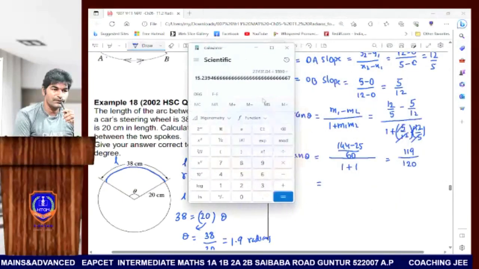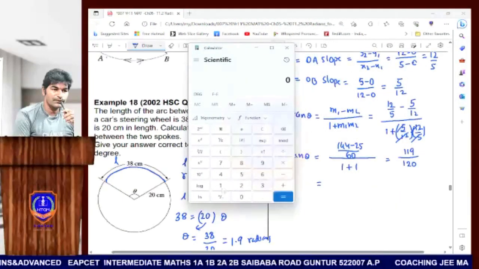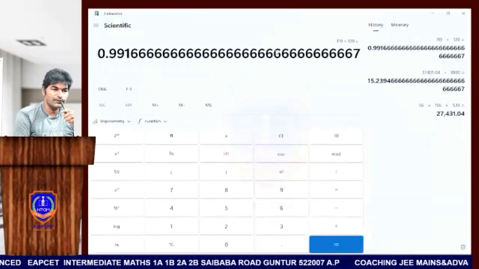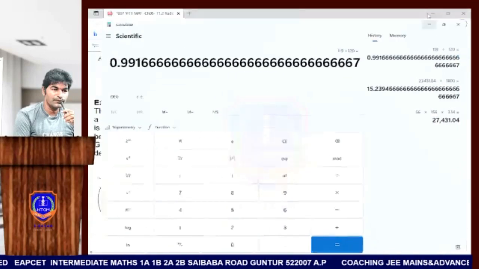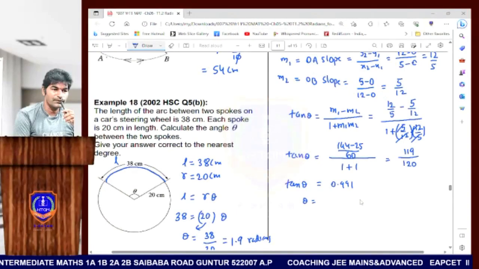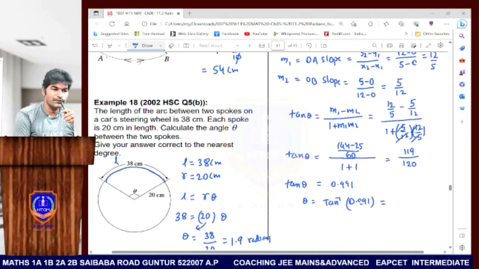I don't know, that's what my calculation is. 119 divided by 120, yes, it is correct, 0.991. So tan theta is equal to 0.991. Now we want theta only, right? So if you move this tan, then it will be tan inverse 0.991. So tell me this value. Tan inverse 0.991 is how much?